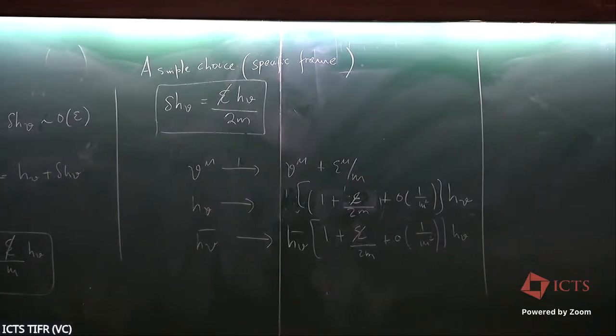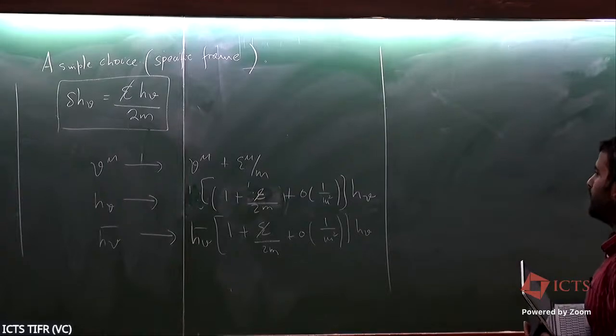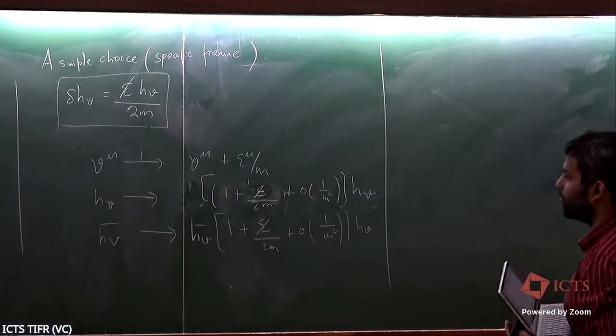Basically you take the heavy quark EFT Lagrangian and substitute it.